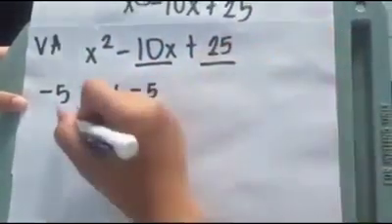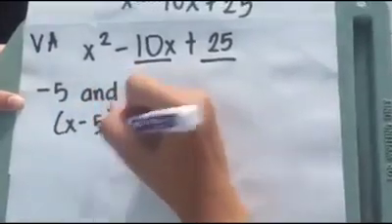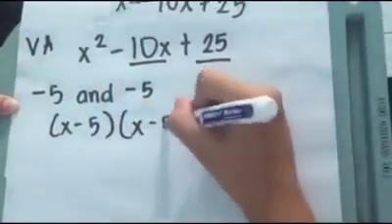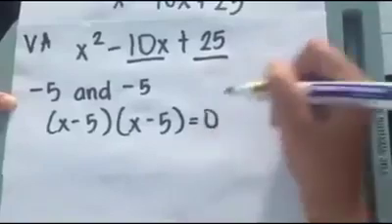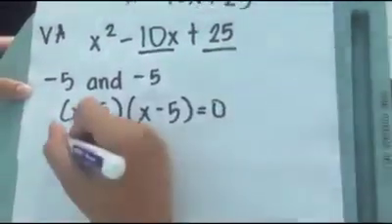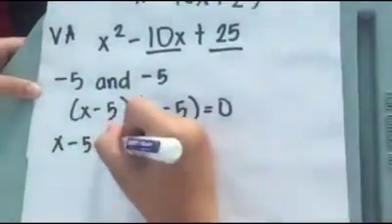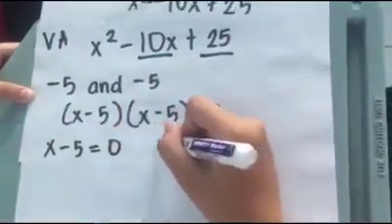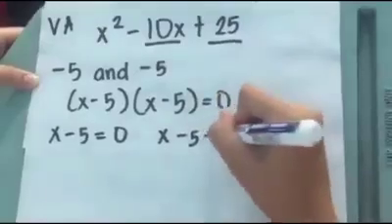So we have x minus 5 times x minus 5 equals 0. Then set the two factors equal to 0. So x minus 5 equals 0 and x minus 5 equals 0.